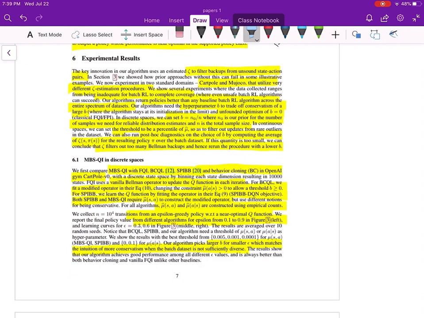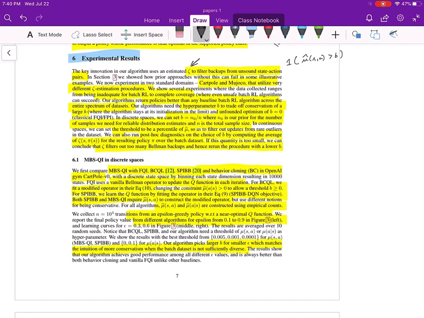Okay, sure. Moving on to the experimental results. I'll be really quick in presenting these sections. This is the filter that removes unsound state and action pairs, because you have an indicator function that says the value is greater than b.